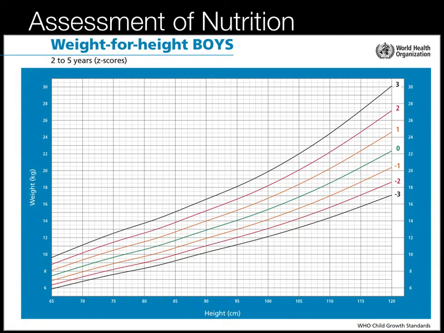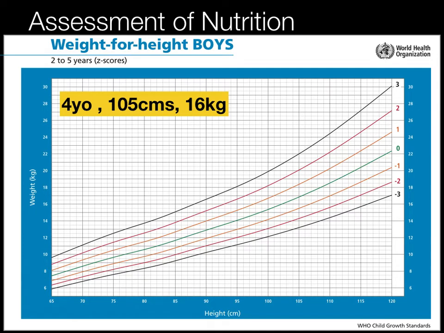For example, when you are presented with a 4-year-old child who has a height of 105 centimeters and a weight of 16 kilograms, this will be plotted as this. The point of reference is 0, so this would be read as a z-score of 0, interpreted as normal.